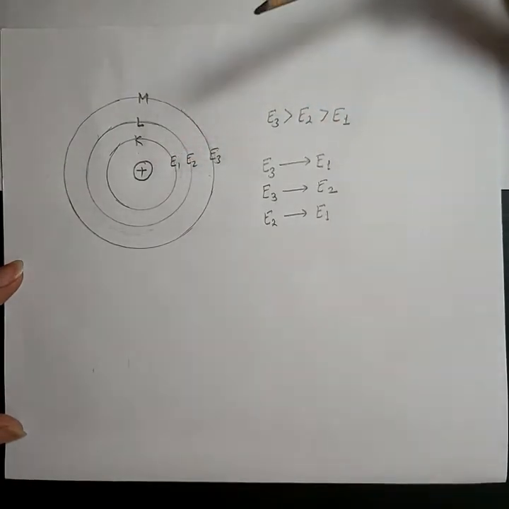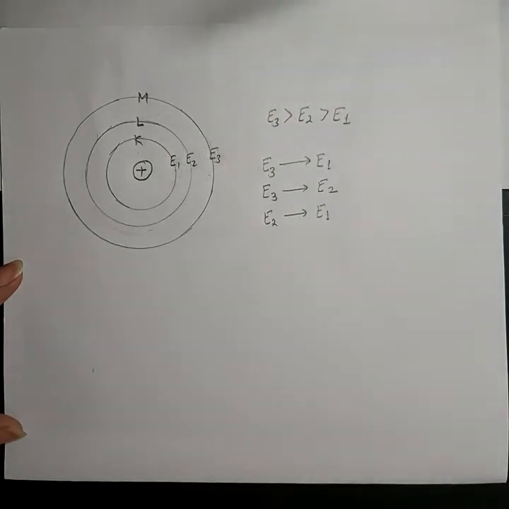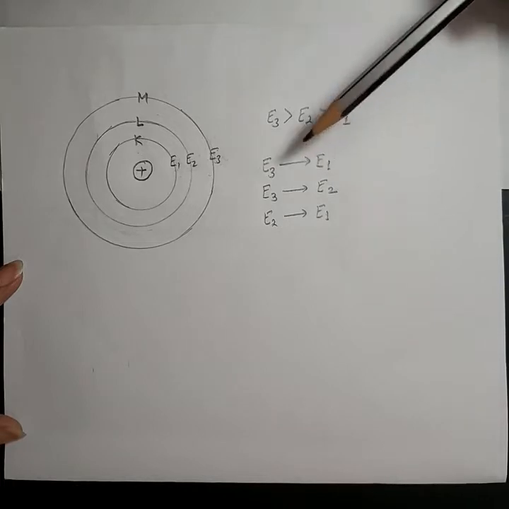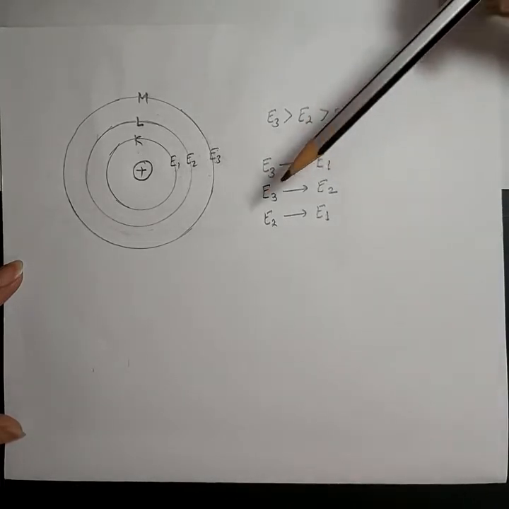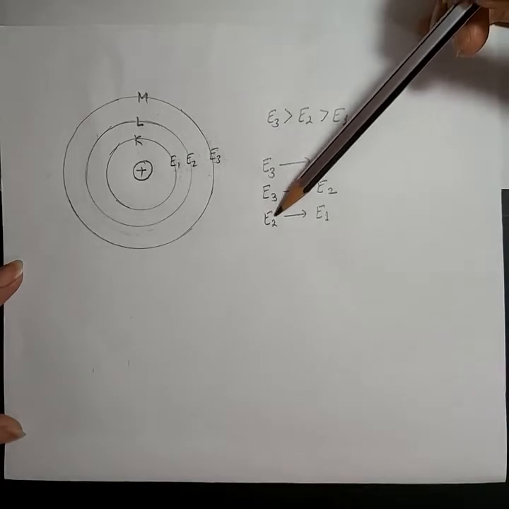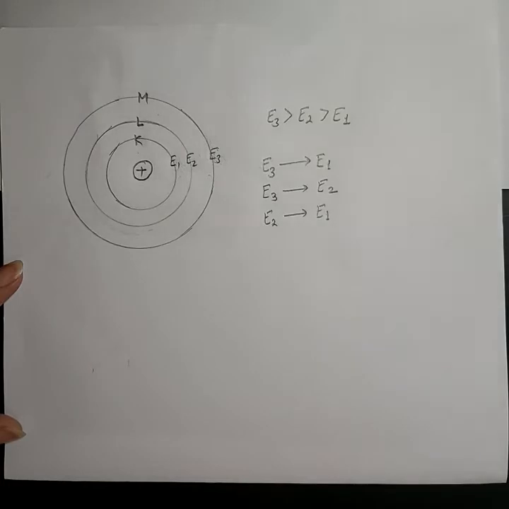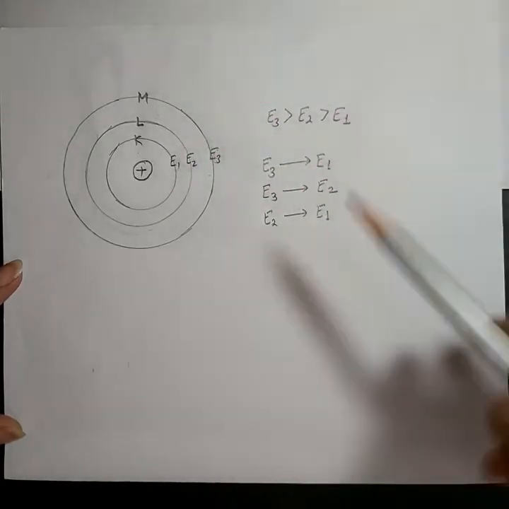So in this transition we will have three types of spectral line. First spectral line in E3 to E1 transition, second spectral line in E3 to E2 transition, and third spectral line in E2 to E1 transition. Okay. So this is how spectral lines are formed from the transition of electron.